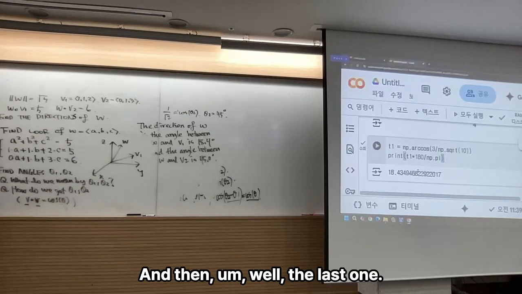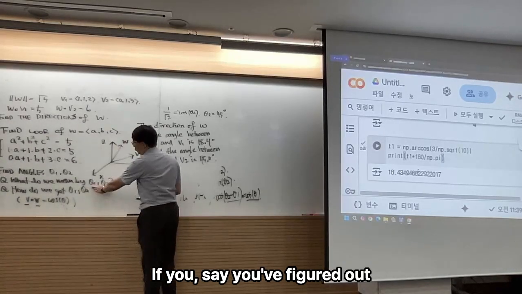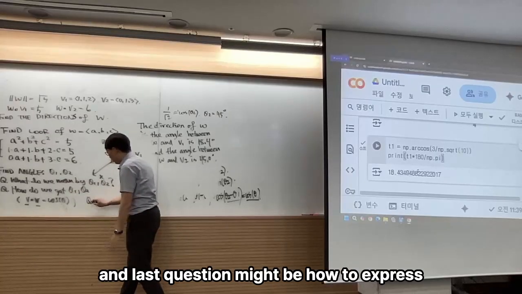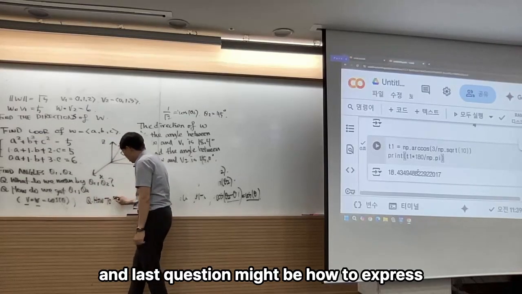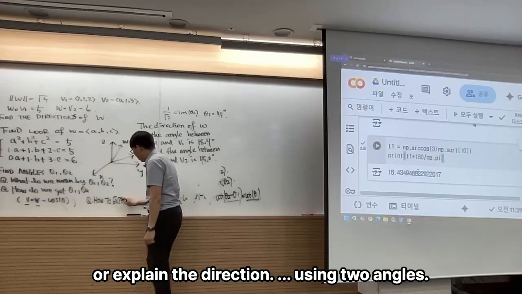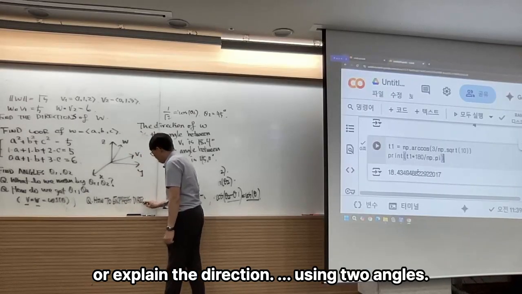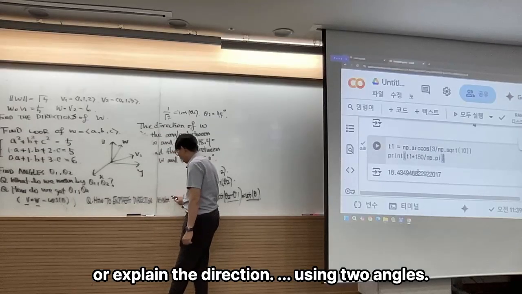And then the last one: if you've figured out what this angle means and how to get an angle, the last question might be how to express or explain the direction using two angles.